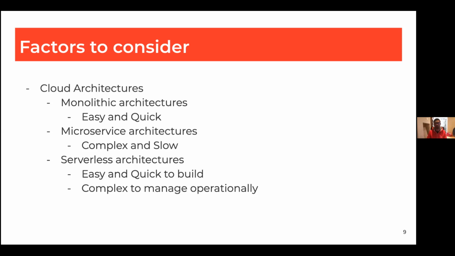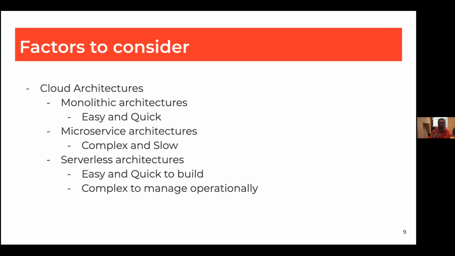Nowadays, most companies go down the cloud architecture route, and there are three streams you could use: the monolithic architecture, the microservice architecture, and the serverless architecture. My preference for an MVP with scale in mind for the future is still the monolithic architecture, but a lot of people still talk about microservices and serverless architectures.